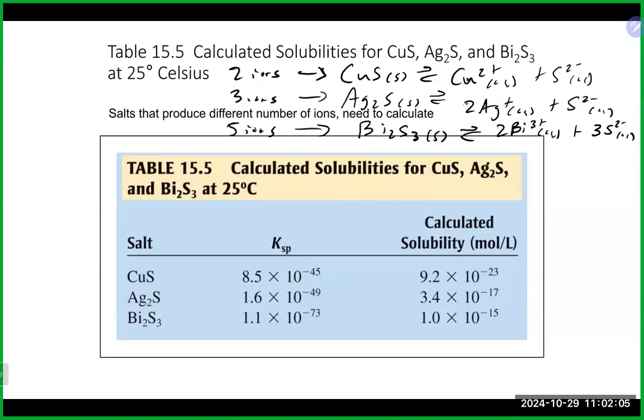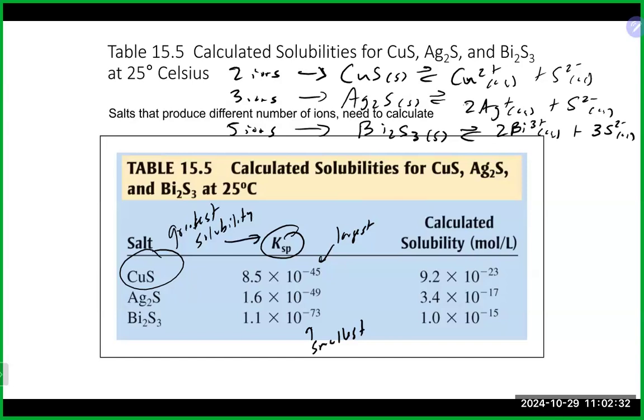Now, when we go to compare these based solely on KSP values, we actually see that this one has the largest KSP value. This one has the smallest. And if we went by that estimate, we would predict that this one would have the greatest solubility based on the KSP value.